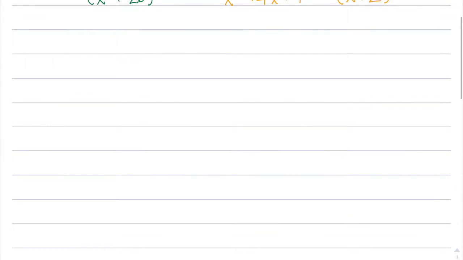Okay, so the new thing we're going to start talking about today is solving for x by completing the square.